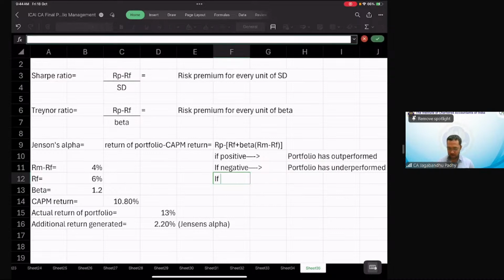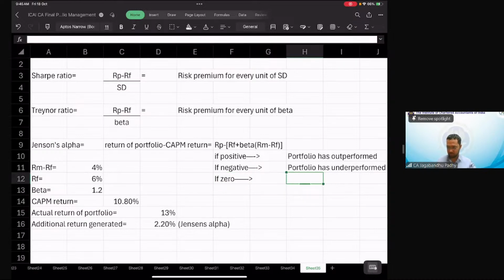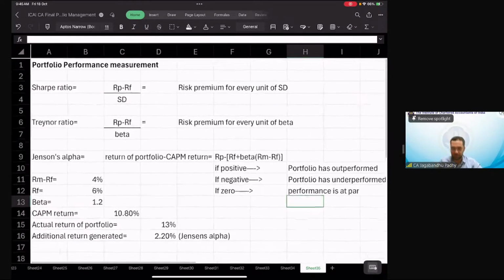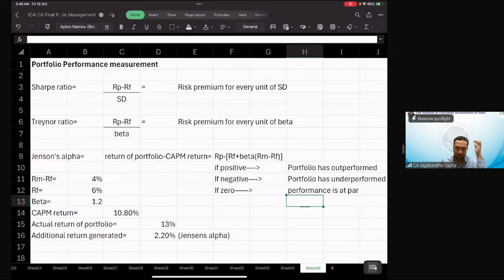And if it is 0, then performance is at par. So these are the 3 measures that we use to calculate the level of portfolio performance, or portfolio underperformance or overperformance.